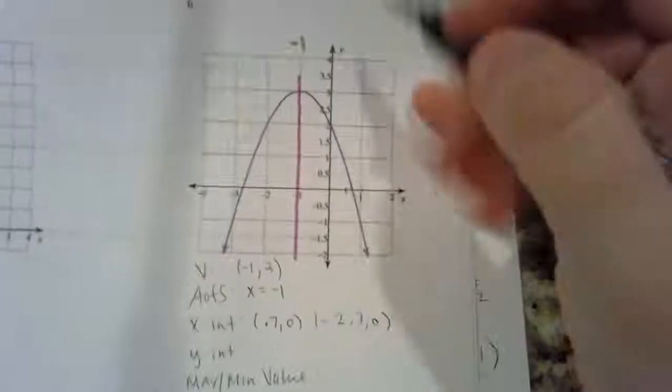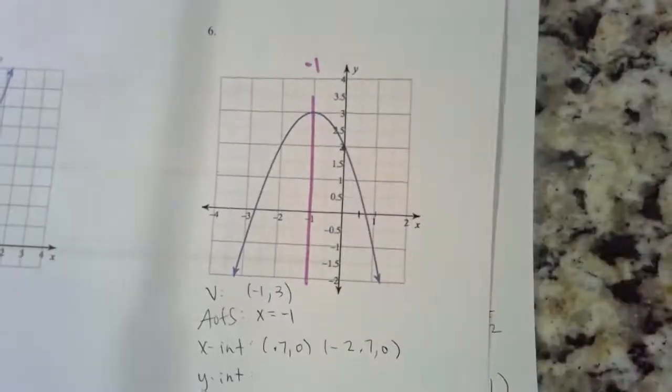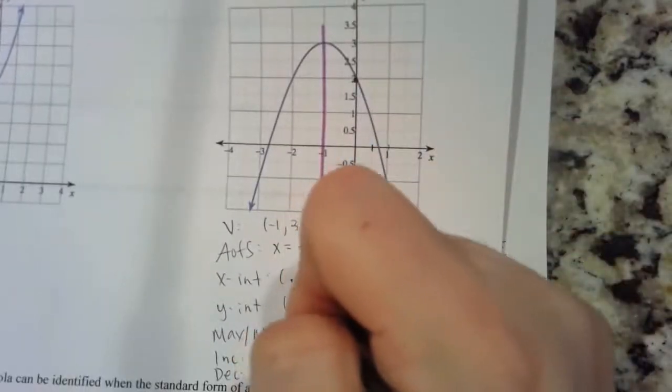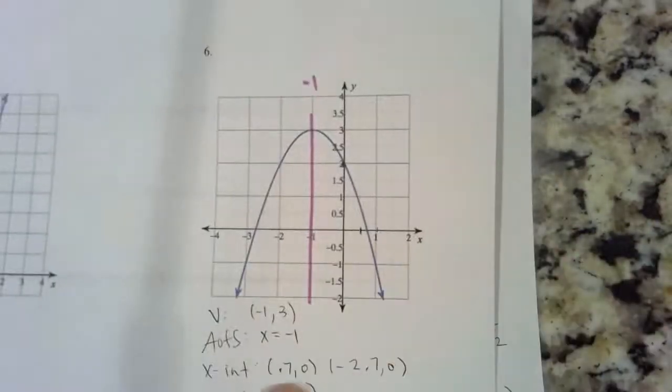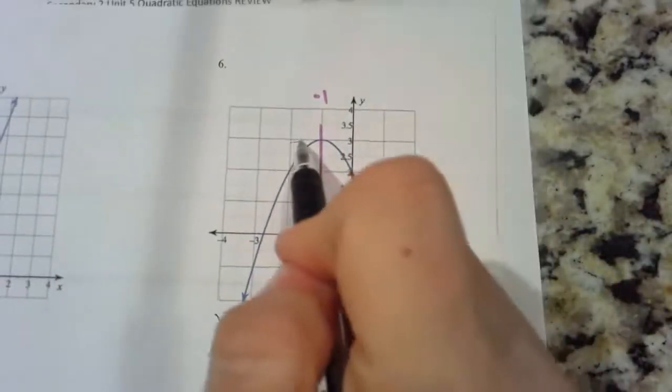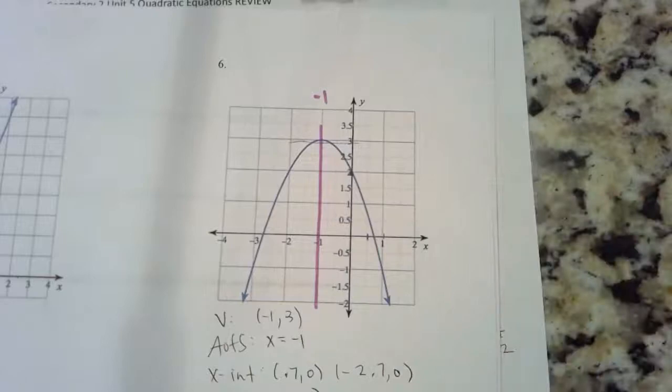The y-intercept happens where it crosses the y-axis, so I'm talking 0, 2. It is a maximum, and the highest value, or you're talking y value here, is at 3.